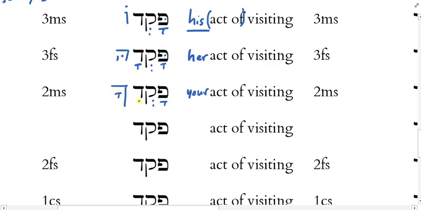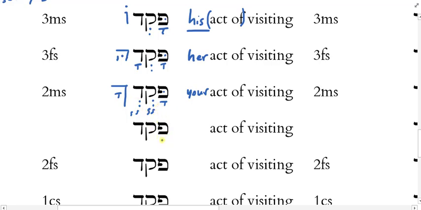And I need a vocal shava here to be able to pronounce this. I can't just say pokdka, right? It's pokedcha, pokedcha. So I've got a vocal shava here. Silent shava, vocal shava. So that's one way to write this. Your act of visiting, pokedcha.